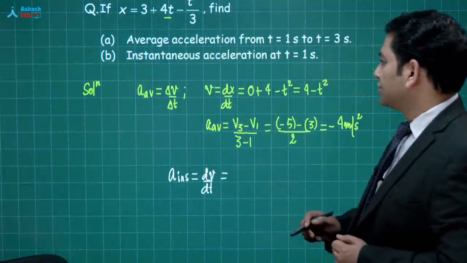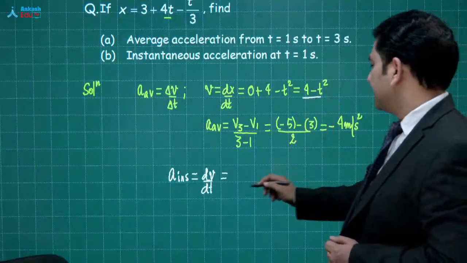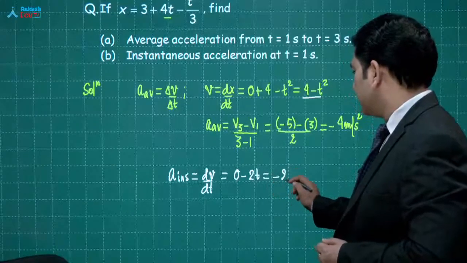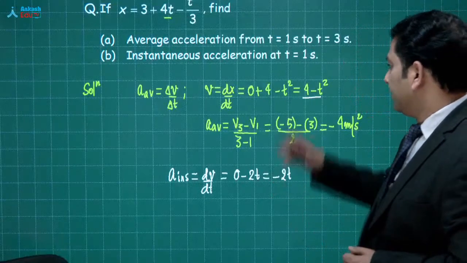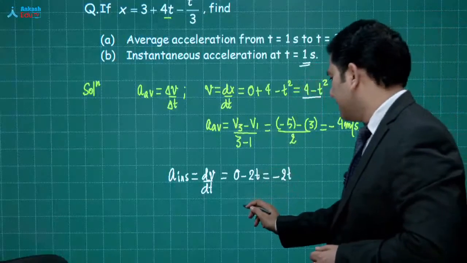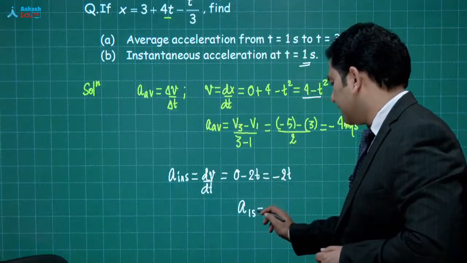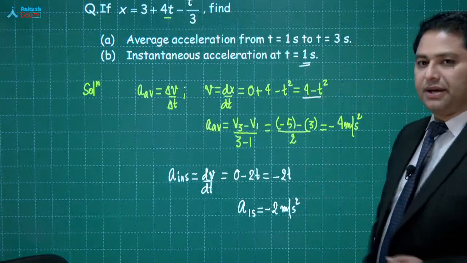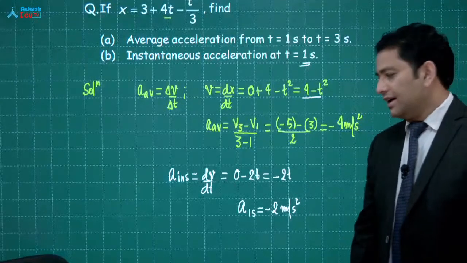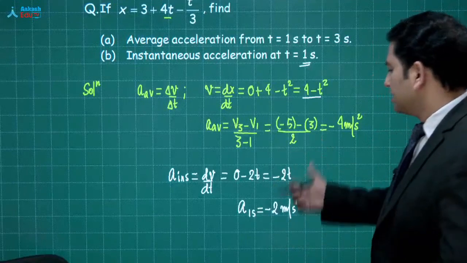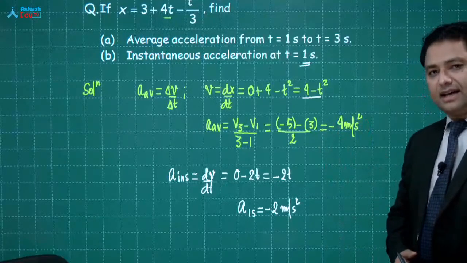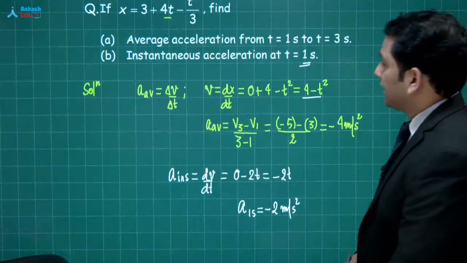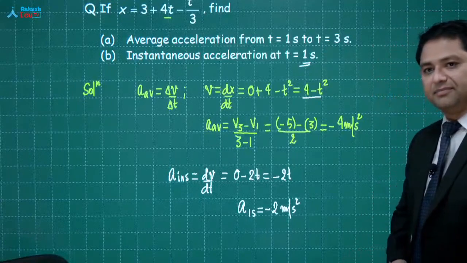So the derivative of velocity, here is the velocity, 0 minus 2t, so that is minus 2t. And we need it at t equals 1 second, so acceleration at 1 second is minus 2 meter per second square, and we are done. So this is the instantaneous acceleration and this is the average acceleration. I hope that has really made sense. So now you can proceed in this manner.